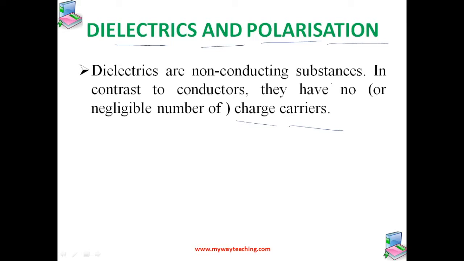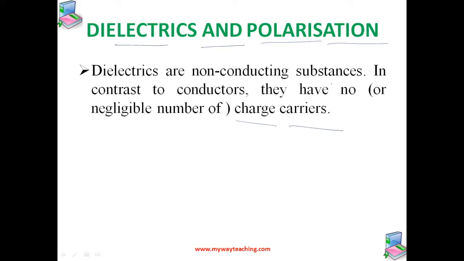Unlike in a conductor, the opposing field so induced does not exactly cancel the external field. It only reduces it. The extent of the effect depends on the nature of the dielectric. So to understand the effect, we need to look at the charge distribution of a dielectric at the molecular level.